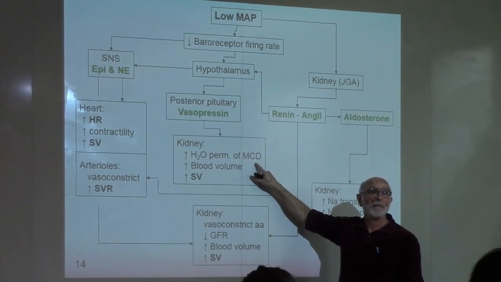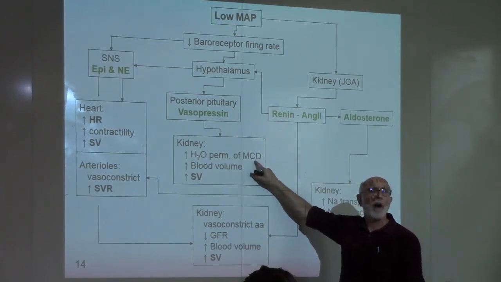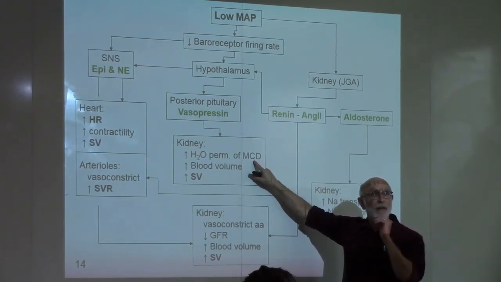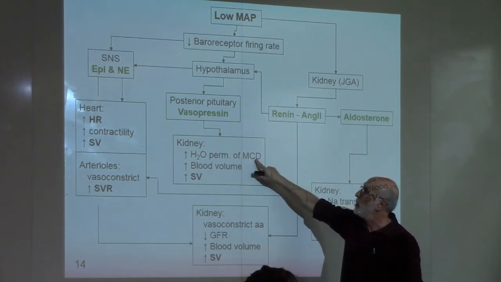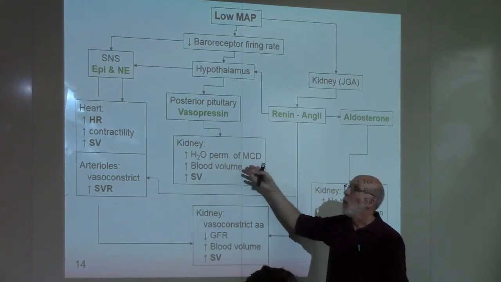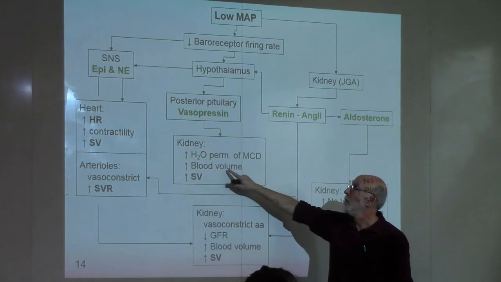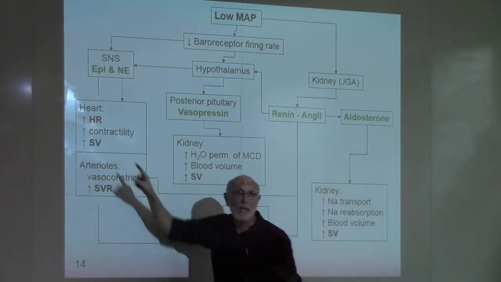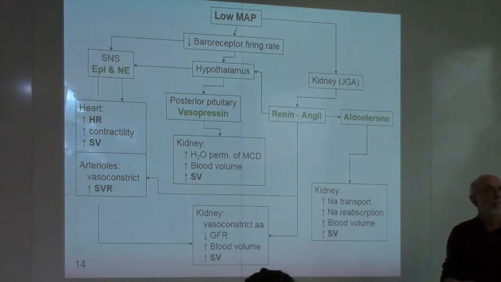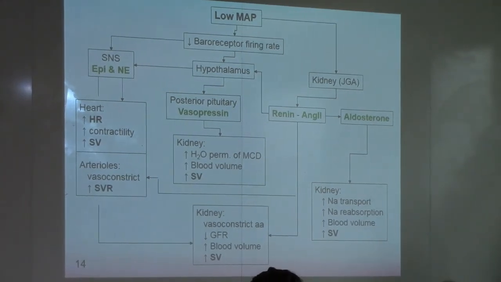GS coupled receptor. Remember, we have the whole GS story that leads to what? John said it earlier. Aquaporin expression in the apical membrane of the medullary collecting duct. More water permeability. More water reabsorption, more blood volume, more stroke volume. So we've gotten to the same point here as here, but by a different mechanism. Okay?